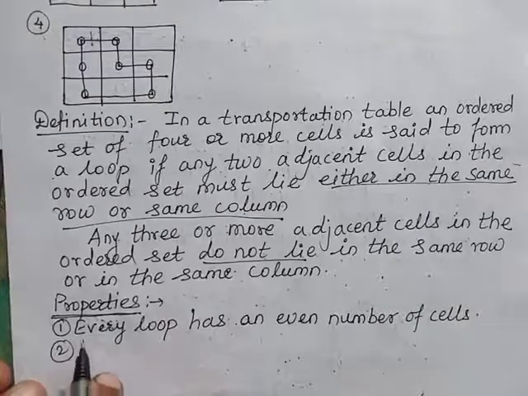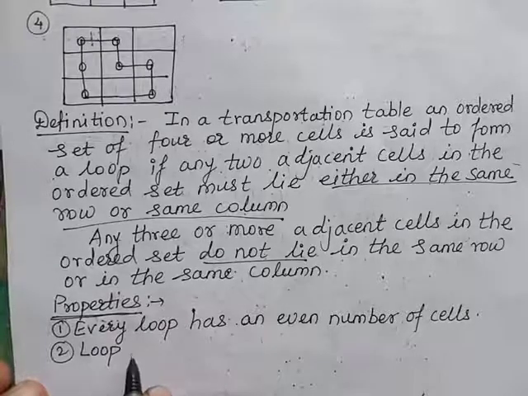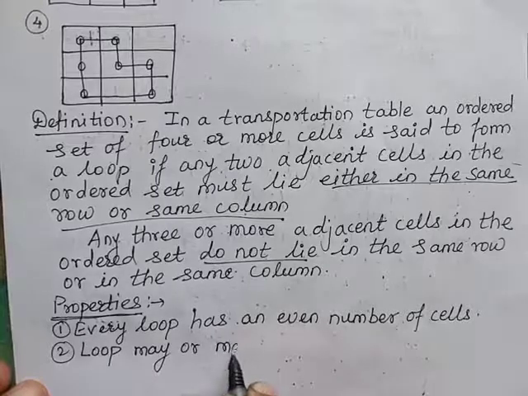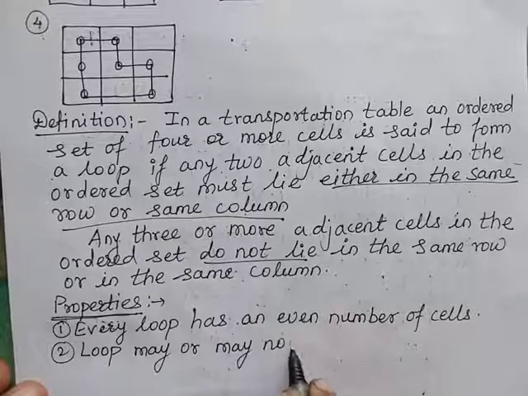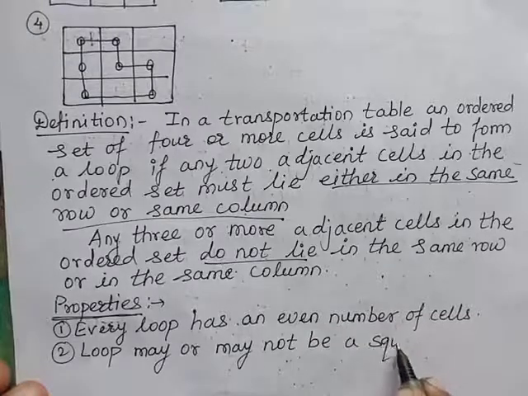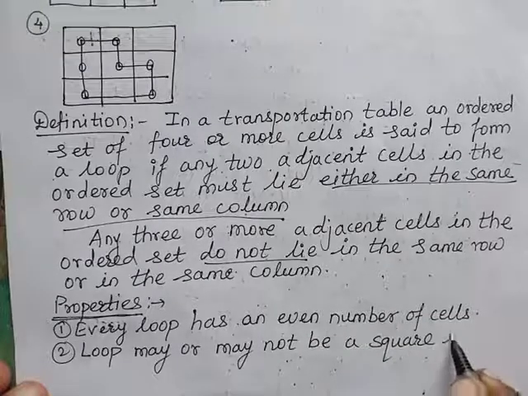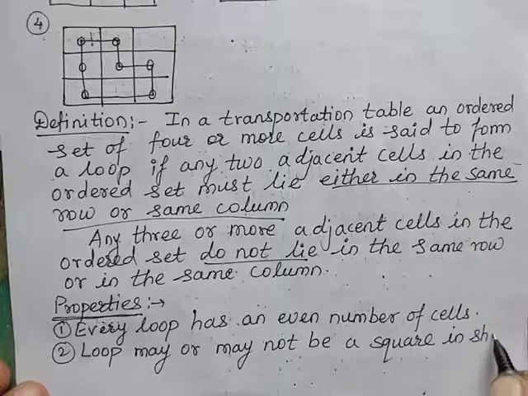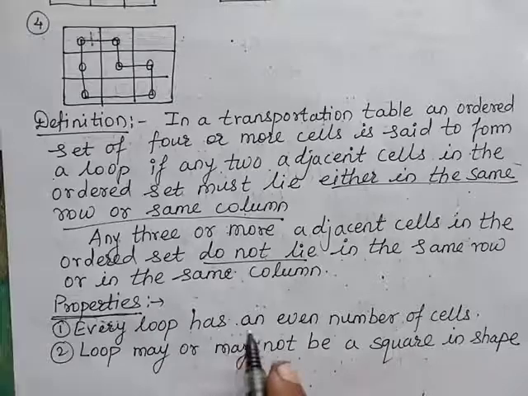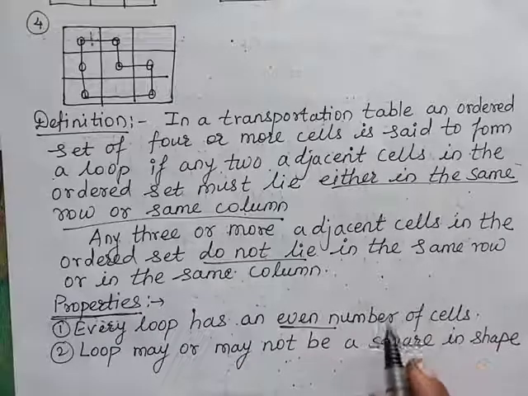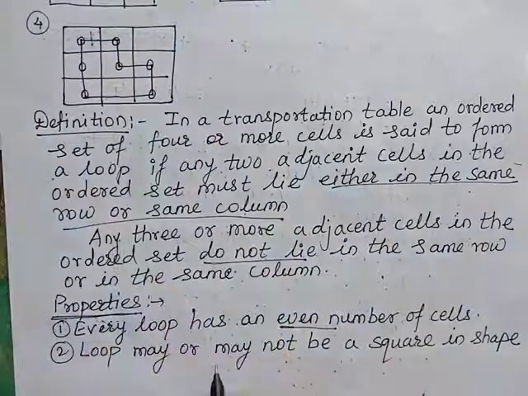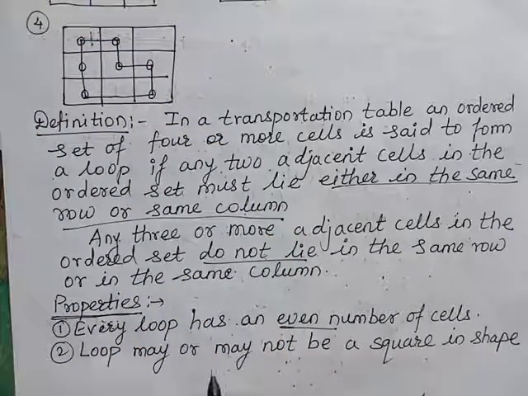Second thing: a loop may or may not be a square in shape. Now due to this first property, that every loop has an even number of cells, here there is no need to write that three or more allocations shouldn't lie in the same row or same column.